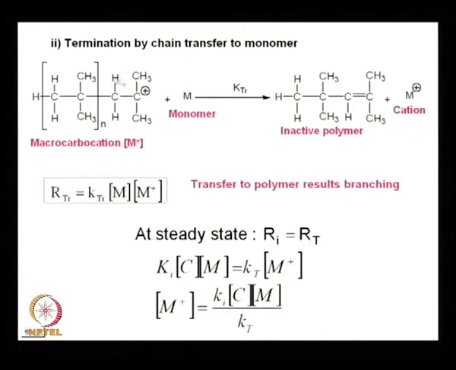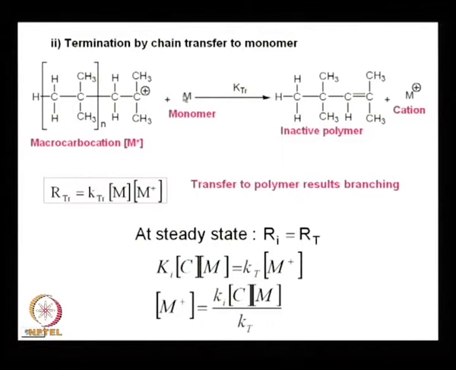Now, there can also be termination by another technique, termination by chain transfer to monomer, as you have seen in the case of free radical chain polymerization. Here it is shown: macro carbocation, n number of units are there, and at the terminal unit this cationic center is there, that adds to this monomer.